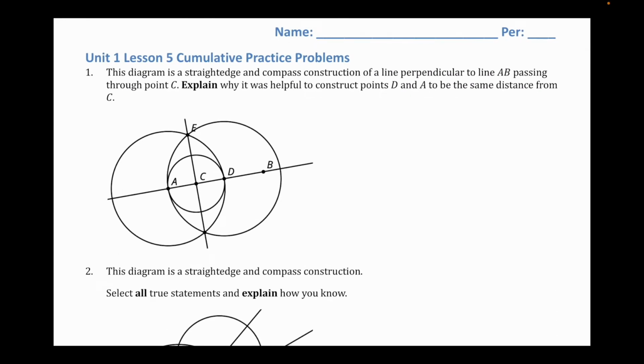Our first question here, we have a diagram, which is a straight edge and compass construction of a line perpendicular to line AB, and it passes through point C. So the first goal is to explain why it is helpful to construct points D and A to be the same distance away from C. So they're referring to the fact that these points right here, D and A, are going to be an equal distance away.